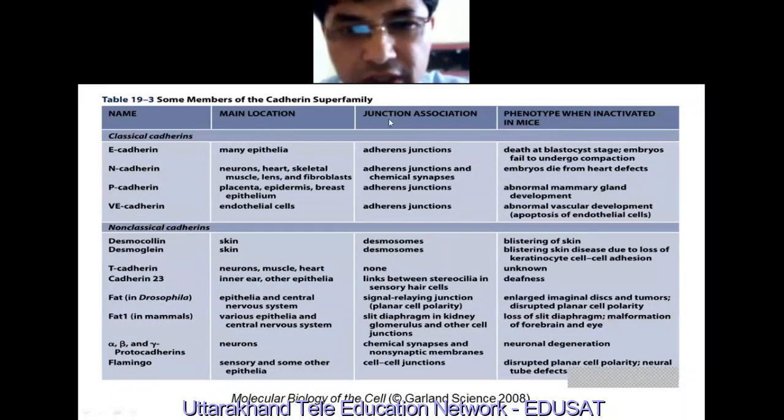The main location and junction association is adherens junctions. If this molecule is dysfunctional, it leads to death at the blastocyst stage, and the embryo fails to undergo compaction. And the N cadherin is found in neurons, heart, skeletal muscles, lens and fibroblasts. That I explained in previous sections.